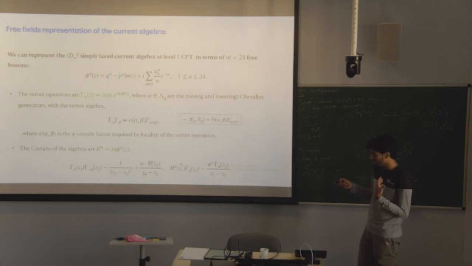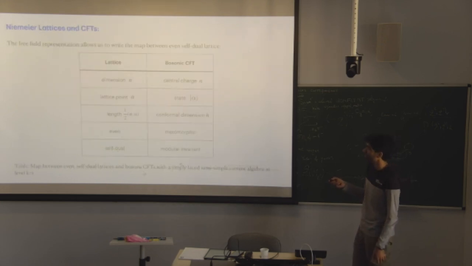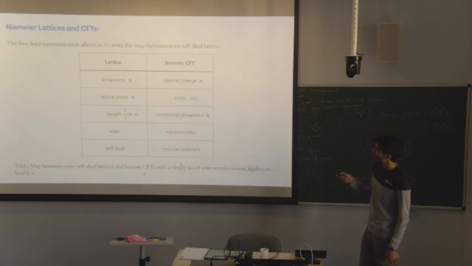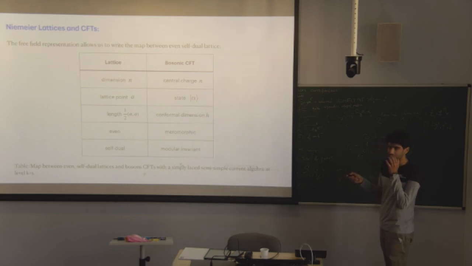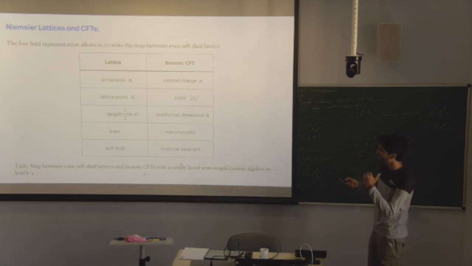So now you can look at the CFT states. Okay. So the lattice and the bosonic CFT are mapped like this. If you have a lattice of dimension n, then you have central charge n. And for every lattice point you can define a state, and the half length squared of the lattice vector is the conformal dimension.